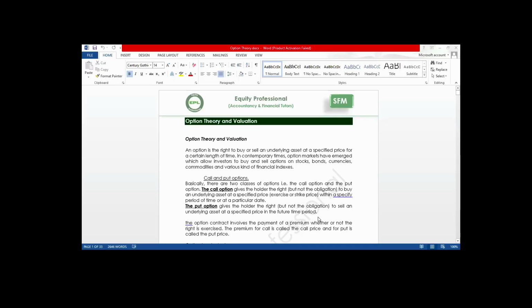Hence, you might be required to calculate put option price or call option price. The put option price is the amount payable to obtain the right to sell an asset.